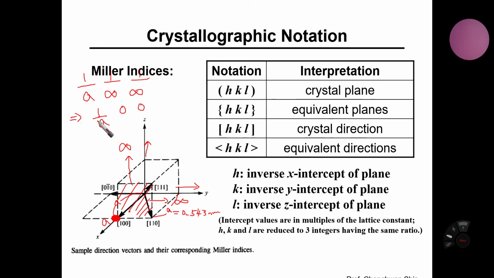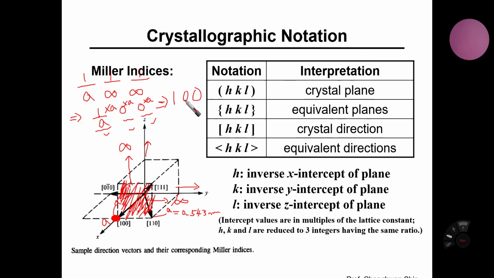Then these three different numbers should be reduced to three integers. 1 over a is not an integer, so to make it an integer, let's multiply these three numbers by a. Afterwards, we end up with the three numbers 1, 0, 0. So 100 is the intrinsic number for the plane that we are interested in, the front side.